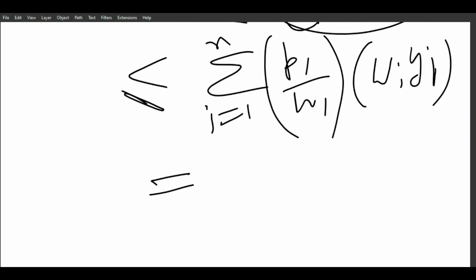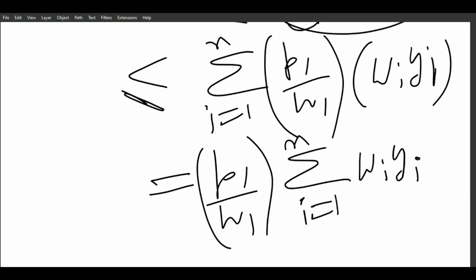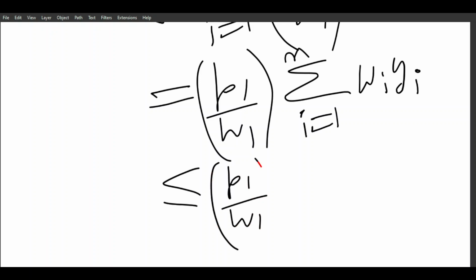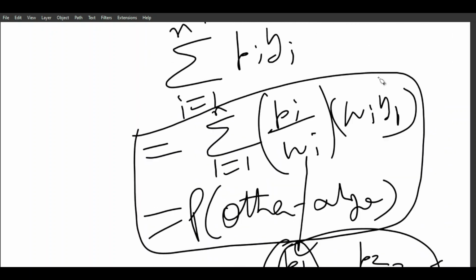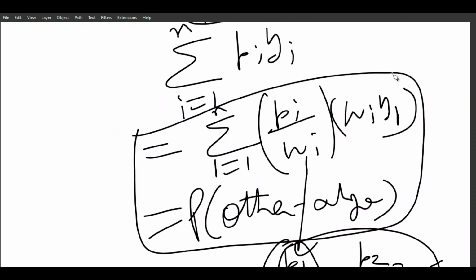Just take this out: P1 by W1 times the sum over i is 1 to n of Wi is less than or equal to P1 by W1 times capital W. So here we just use the earlier inequality, the capacity constraint, capital W.